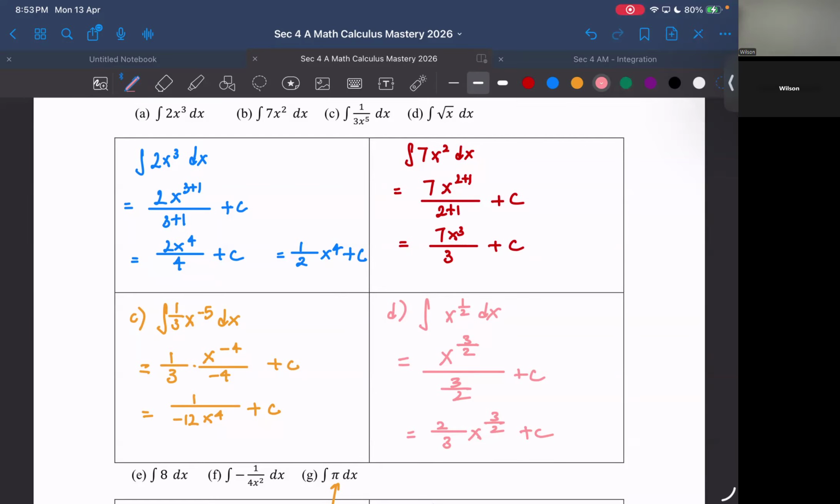So if I integrate 8, what happens? Because my x is 0, right? So over here, yes, thank you very much.